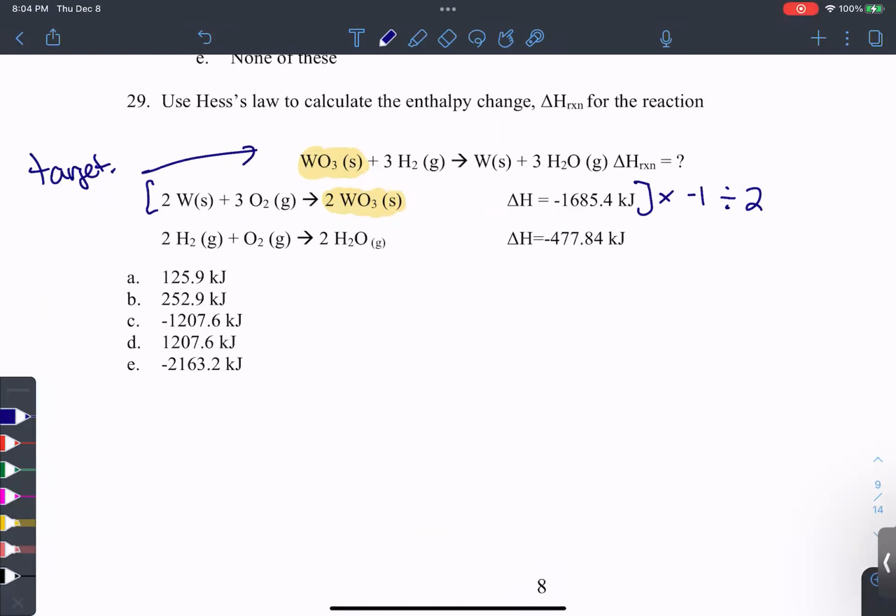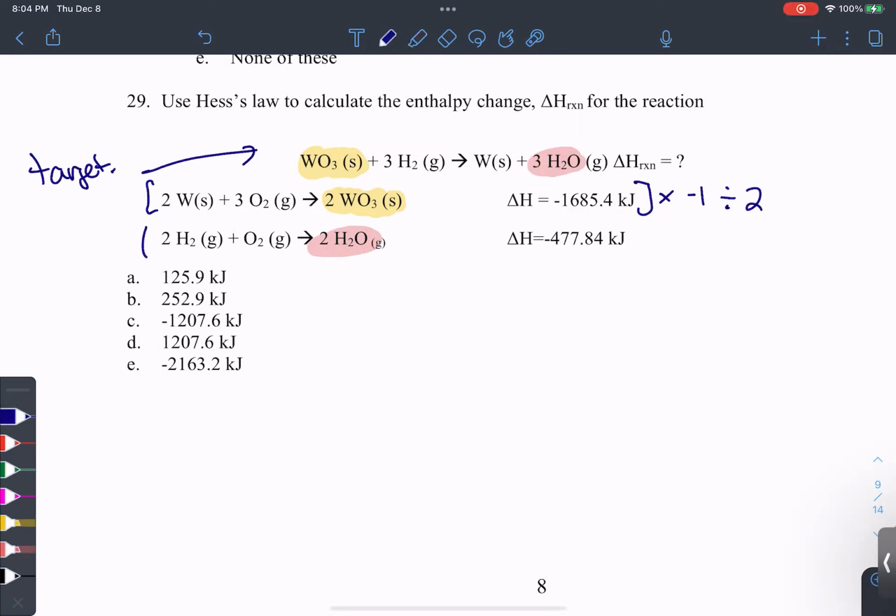So then the next piece here, I'm gonna focus on, look at this other reaction. So there's 2 ways you can do this. You can either focus on hydrogen, or you can focus on water. I'm just gonna focus on water. All right, is water on the right side? Yes. Is it in the right number?